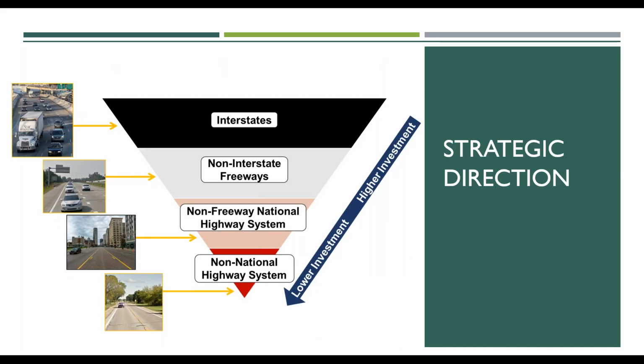Further highlighting the importance we place on the TAMP is something that we call strategic direction. MDOT has divided its system, as I mentioned before, into 4 tiers: the interstates being at the top, the non-interstate freeways, non-freeway NHS, and then our non-NHS system.